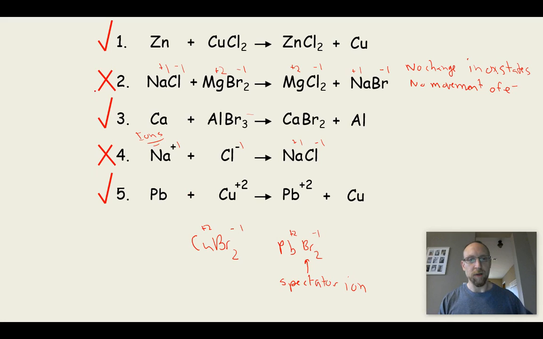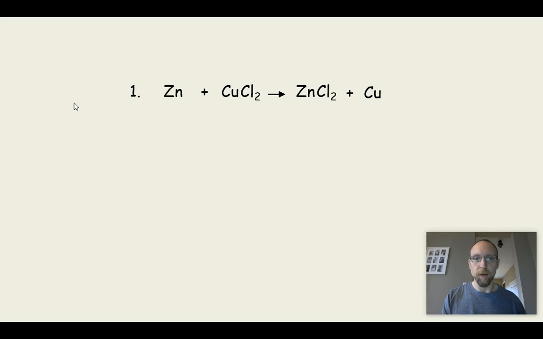So now we've identified the ones that are redox reactions: 1, 3, and 5. For 2 and 4, we don't have to do anything. Now let's go through 1, 3, and 5, and I want you to go through all the 4 steps that we did before. You're ultimately going to end up telling me who's oxidized and who's reduced. If you can get to that point, you're doing great.